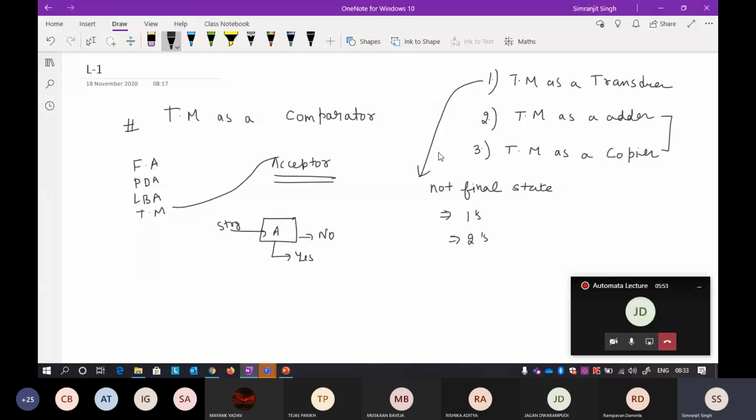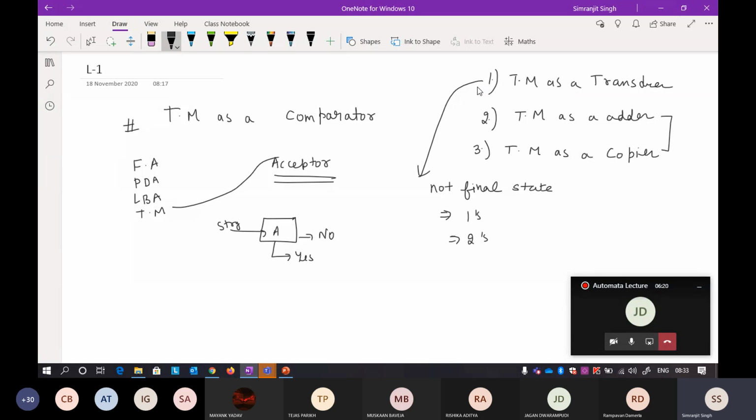Okay, so that is why, if you're not defining it in terms of an acceptor, you will not use a final state. Okay, so if you remember the Moore and Mealy machines, again they are not acceptors because they are finite state machines with output. Okay, so we are getting output from it.